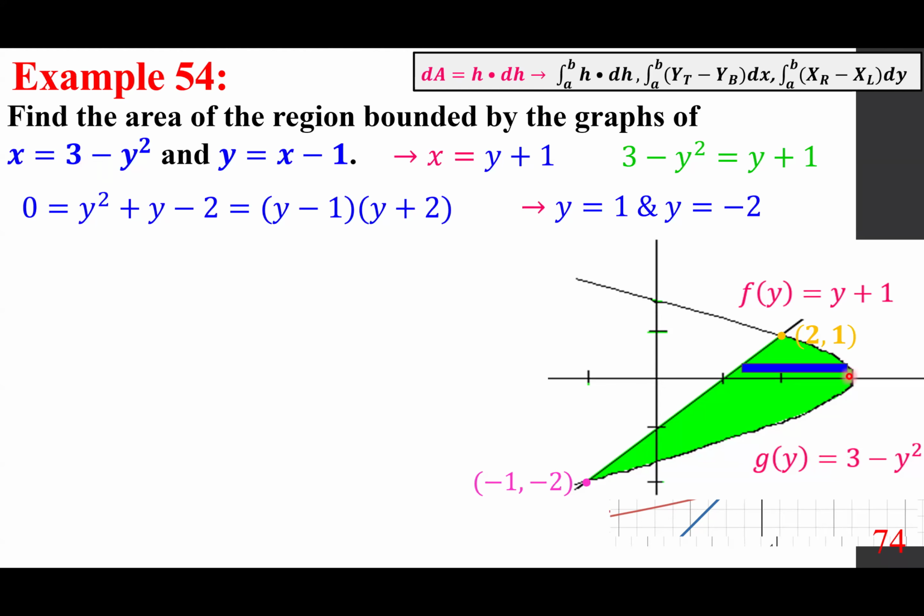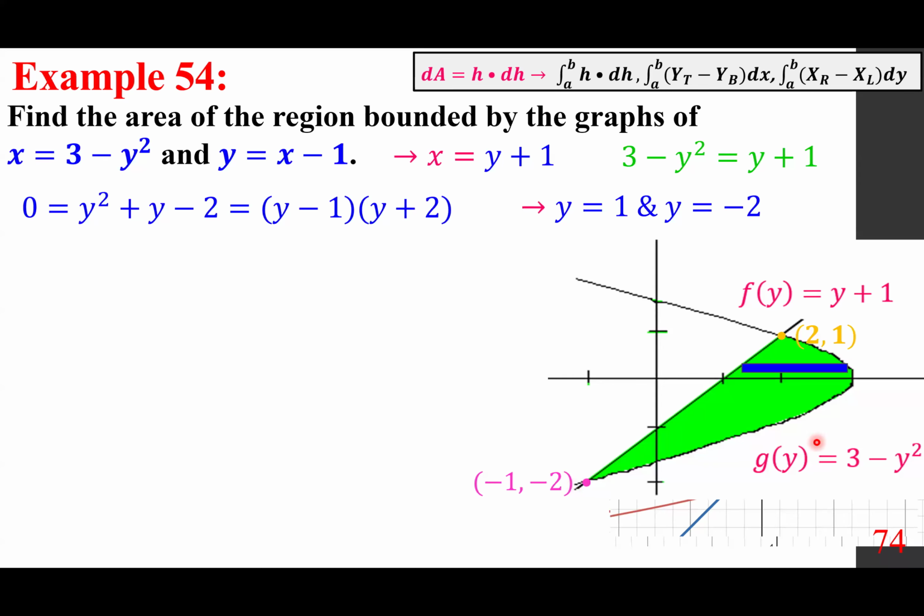Here's a typical rectangle. The width is dy. The height is the function on the right, which is the curve, minus the function on the left, which is the line.